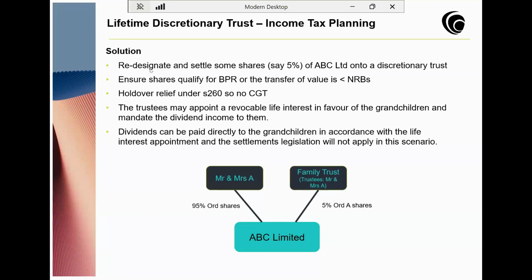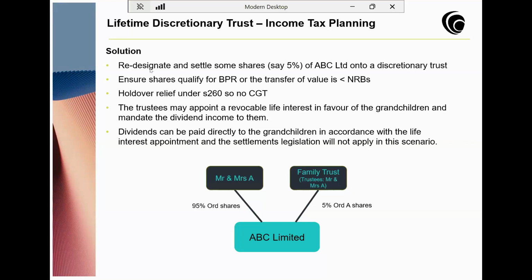Okay, so if they've got their personal allowances, dividend allowances, basic rate tax band, etc., available to them, you can see that scope exists for quite significant dividends to be paid out at much lower income tax liabilities than would be the case if Mr. and Mrs. A received the dividends themselves to then use the funds to benefit the grandchildren.